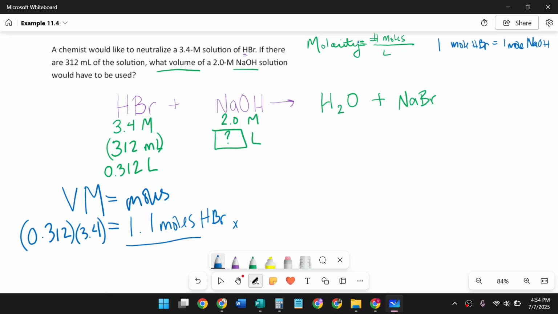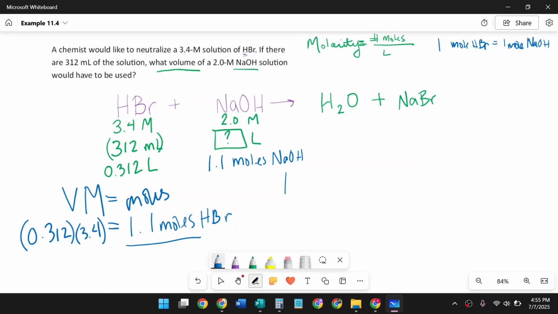And so I'm going to just go ahead and spoil the surprise and tell you that we've also got 1.1 moles of NaOH involved in this neutralization. And so if we want to know what volume we have and we know what the solution has as far as molarity, meaning how many moles we have of NaOH in each liter, we can use the number of moles that we need, use the molarity, and find that L.